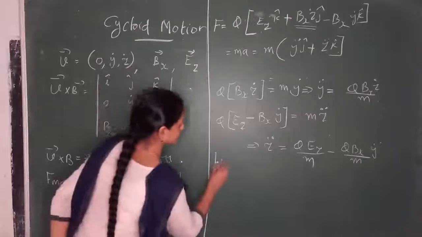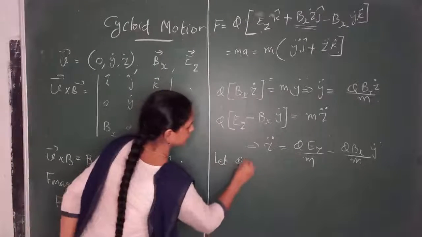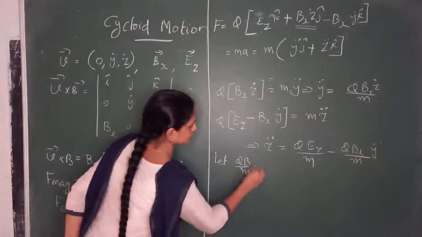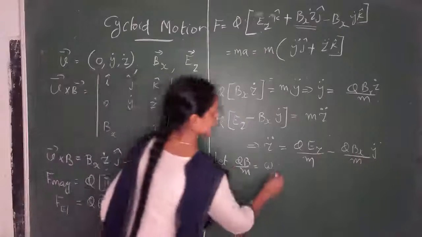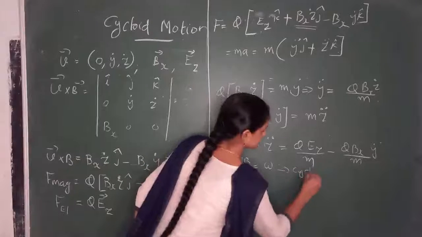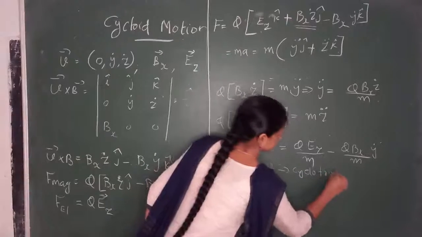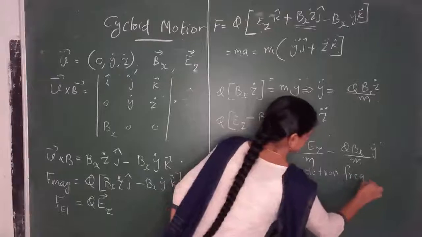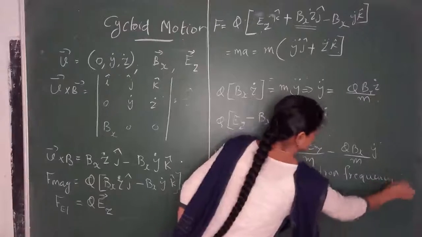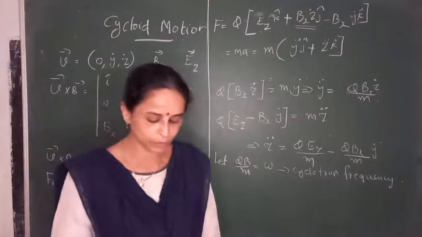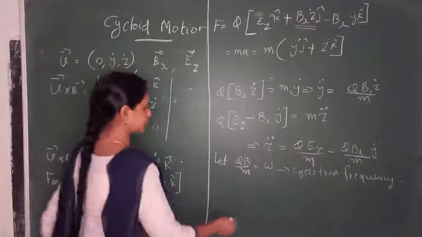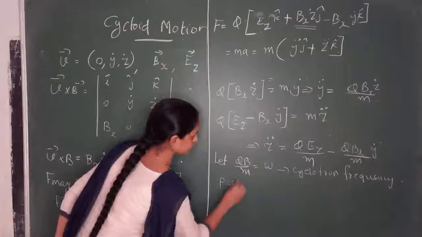Let QB by m equal omega, which is known as the cyclotron frequency. And you have the equation p is equal to QBR.